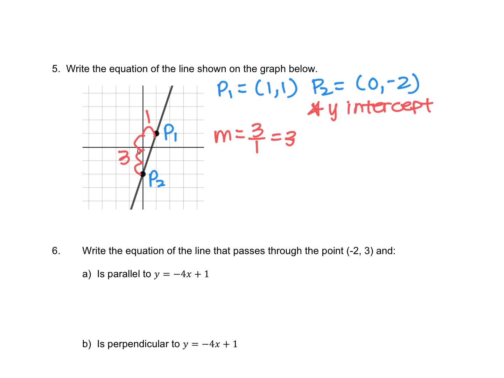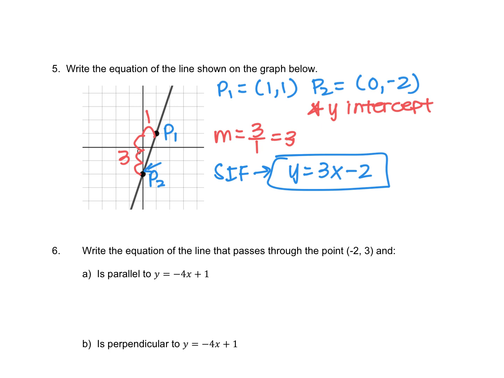So if I can use slope-intercept form, that would be y equals 3x minus 2. Since my y-intercept is at 0, -2, I'm going to use this y-intercept as my b. So that is one answer.